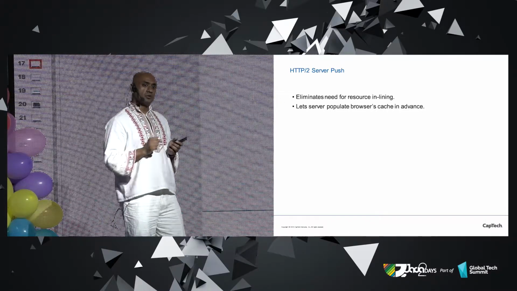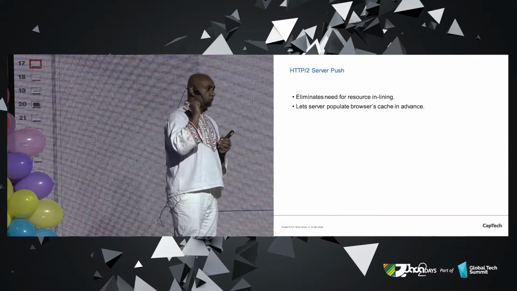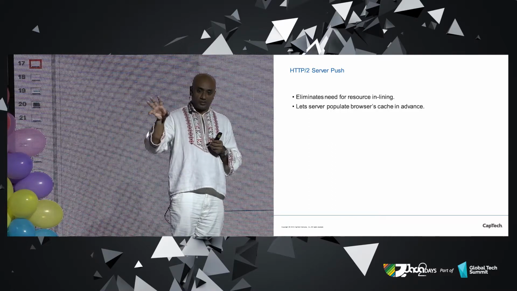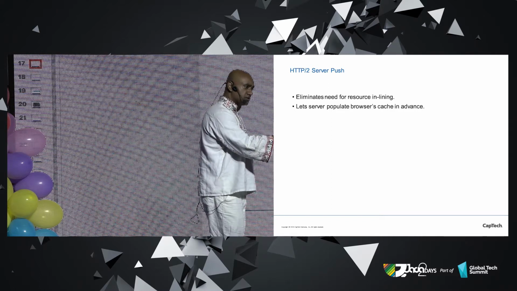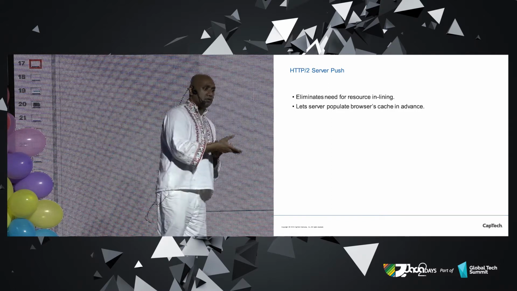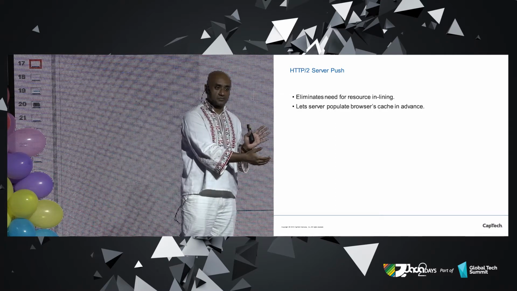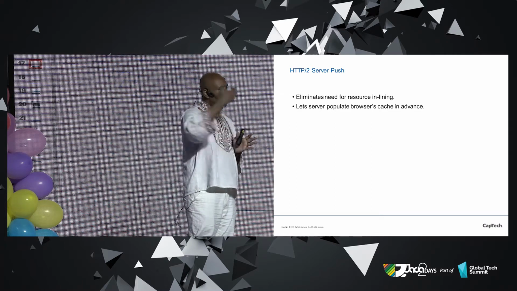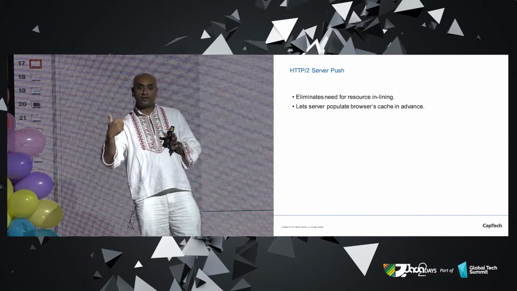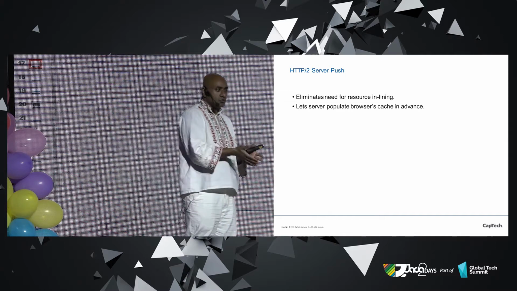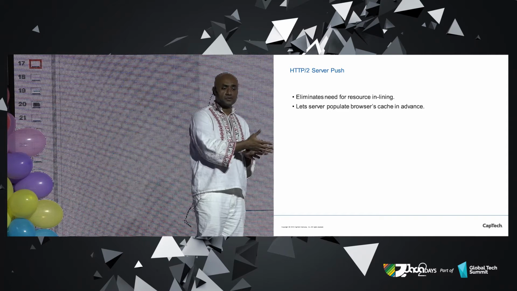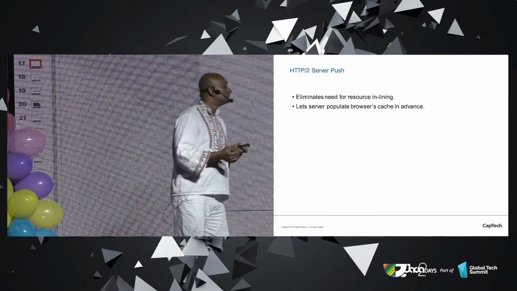What server push does is that when a browser requests index.html, the server knows that index.html really means loading these other 5 resources. So instead of waiting for the browser to parse and figure out that fact, the server simply serves up those requests all at once.